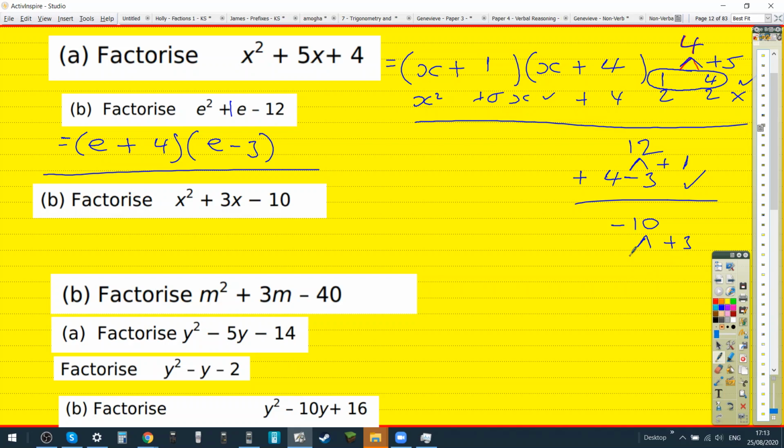So you can do 2 and 5. But you have to take it away to make 3.